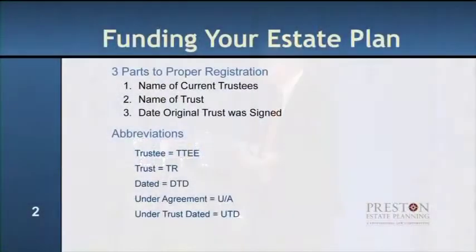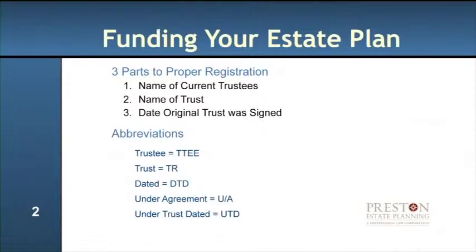Now, you'll see some abbreviations. They're a little bit confusing, but if you have a list of them, you can see that a trustee is sometimes TTEE. Banks like to consolidate and summarize these things. And you'll see terms like trust is TR. You'll see dated DDT. And then you'll see under agreement, U/A.